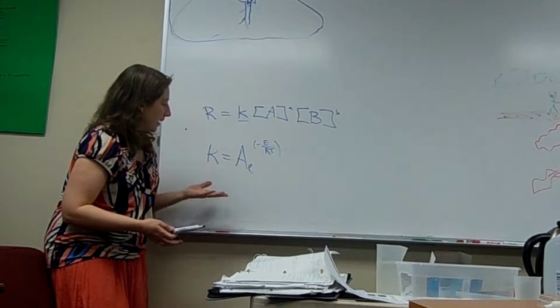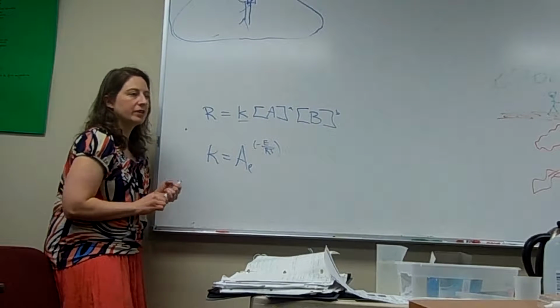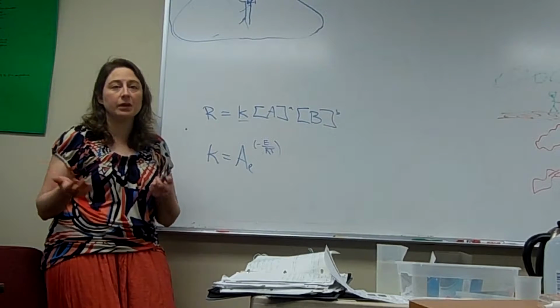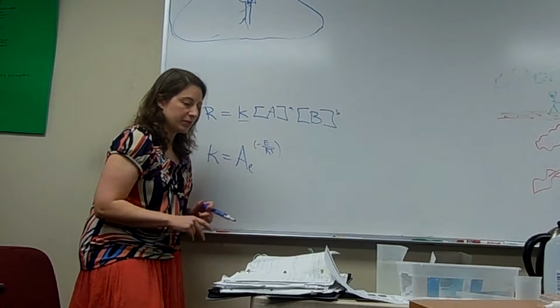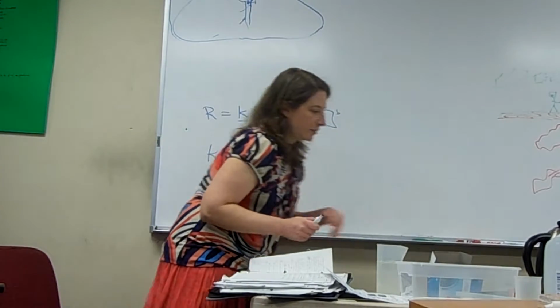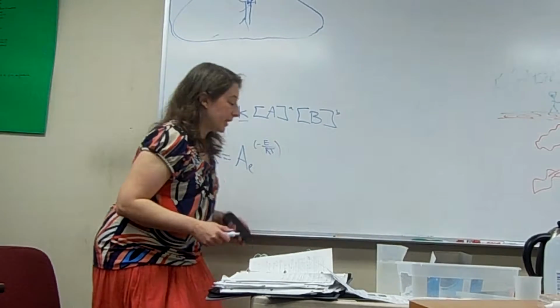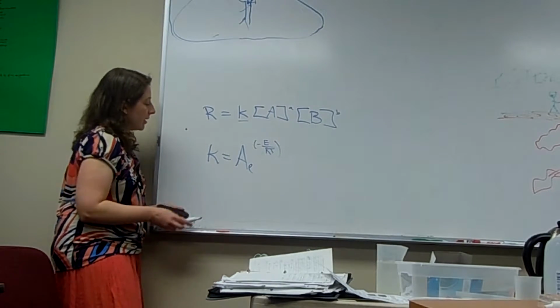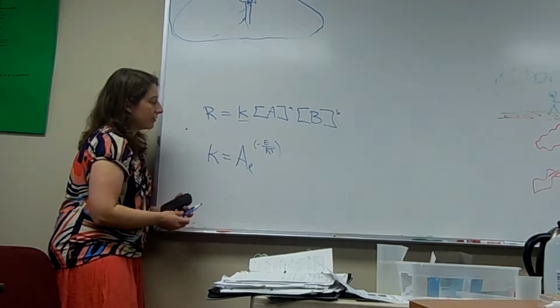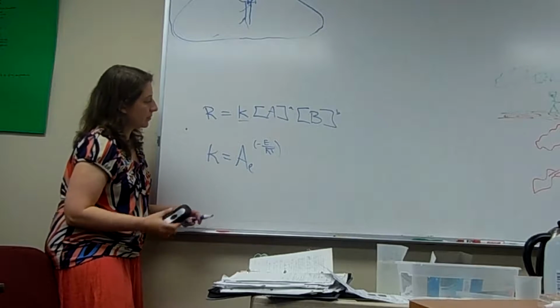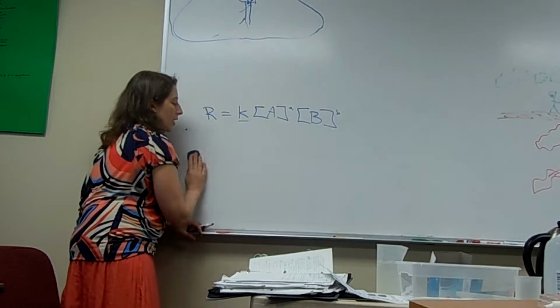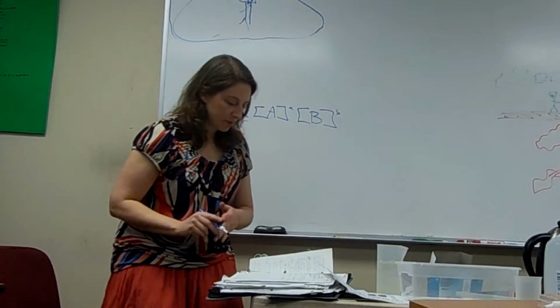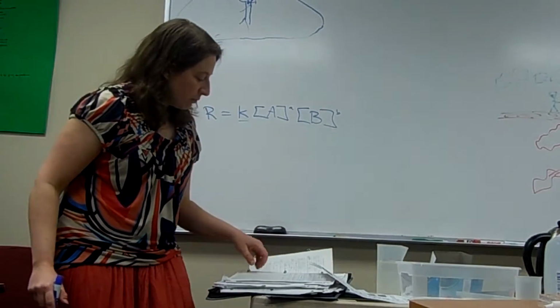So you can expect that K is going to change exponentially as it varies with temperature. That math is somewhat complicated, and you don't actually need to know this for the test, but K definitely depends on temperature in an exponential relationship. So that's the Arrhenius equation, and I'm sure you will cover that in college.